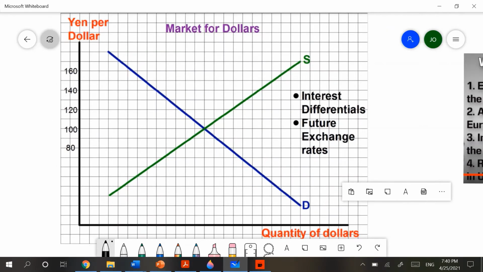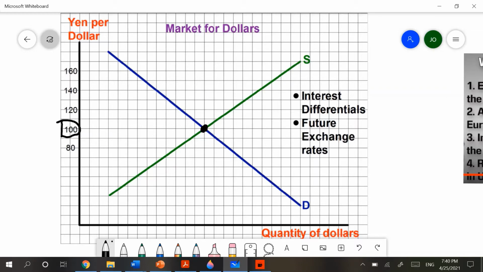Let's take a look at the equilibrium. The equilibrium, just like any supply and demand curve, is at the intersection of supply and demand. In this market right now, for simplicity, we have drawn a supply and demand curve that intersect at 100 yen per dollar.